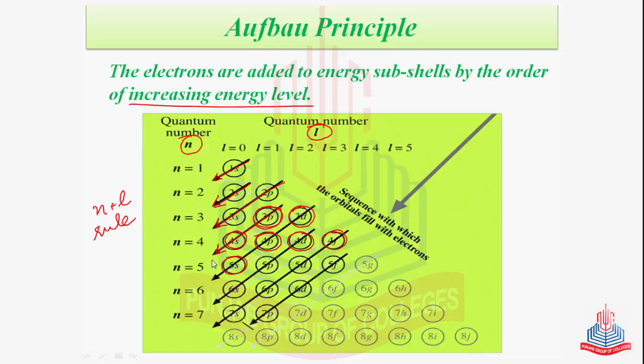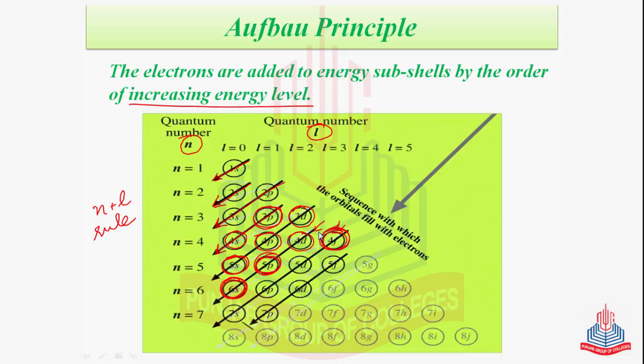The reason here is 4d की एनर्जी 5s से ज्यादा है and according to Aufbau principle जिसकी एनर्जी कम है पहले इलेक्ट्रॉन उसमें फिल किए जाएंगे and then in that which is having higher energy. 4d के बाद 5p और 6s उनकी एनर्जी कम है as compared to this 4f, इसीलिए इलेक्ट्रॉन पहले 5p में जाएंगे फिर 6s में and after that they will go in 4f and so on.